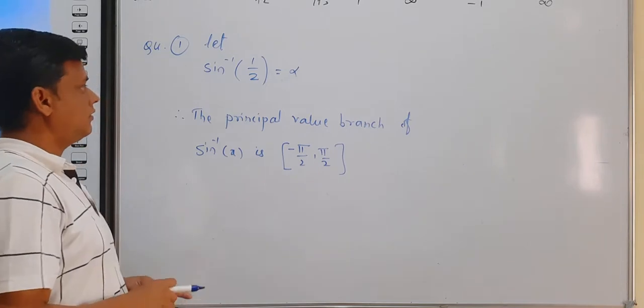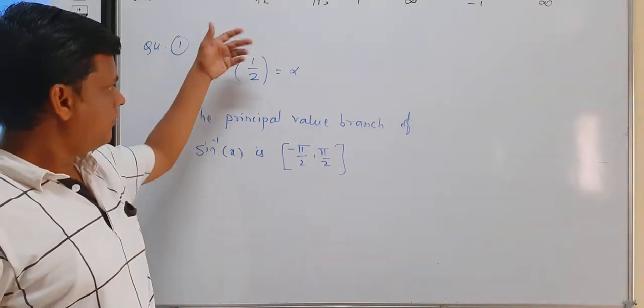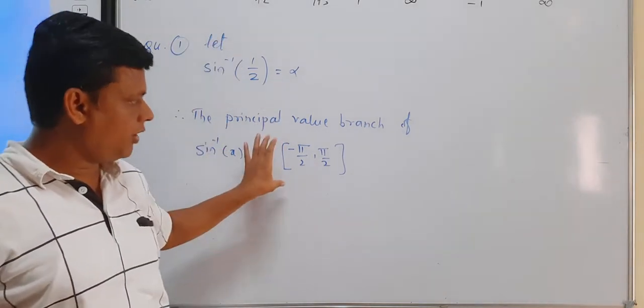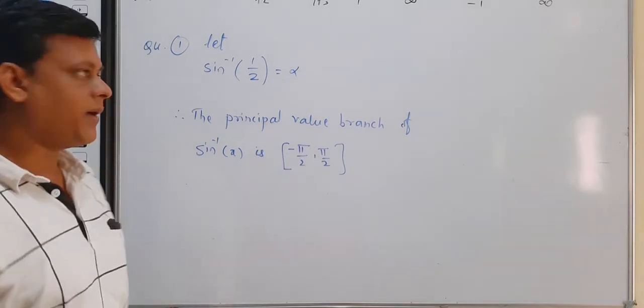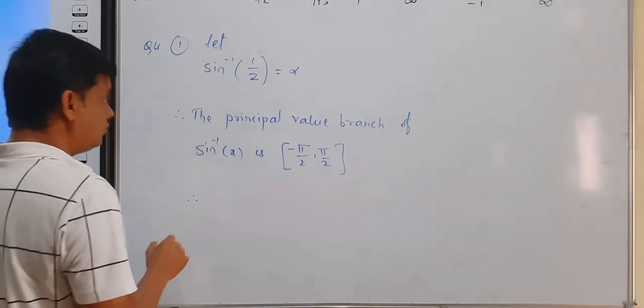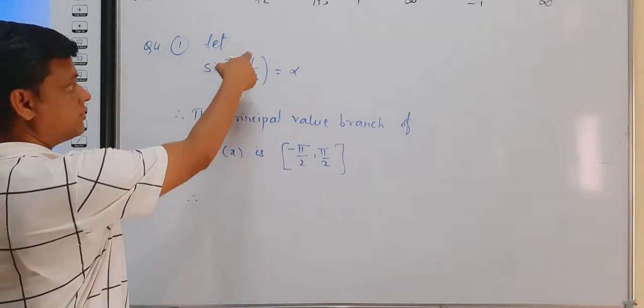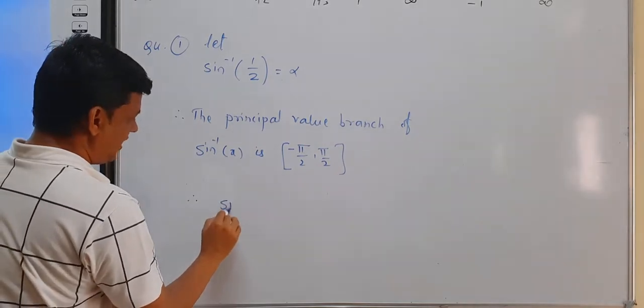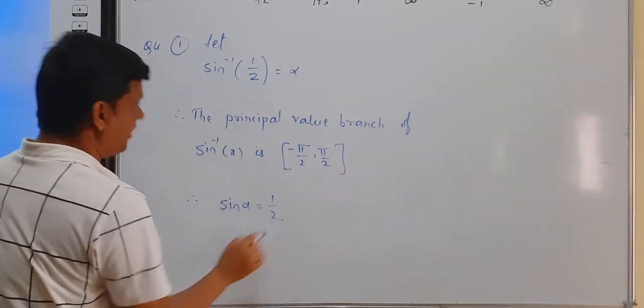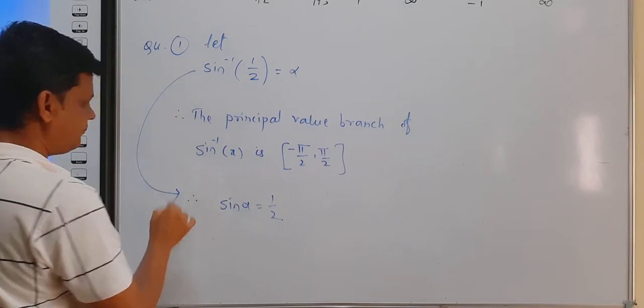So the value which we are going to find must belong to this closed interval minus pi by 2 to plus pi by 2. So we consider sin inverse 1 by 2 equals alpha. From this we write sin alpha equals 1 by 2.